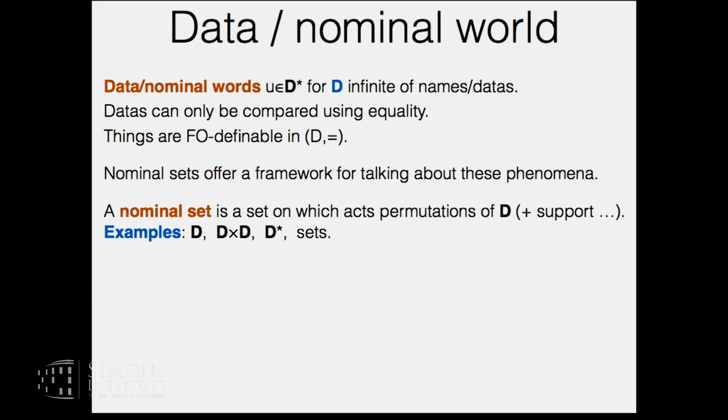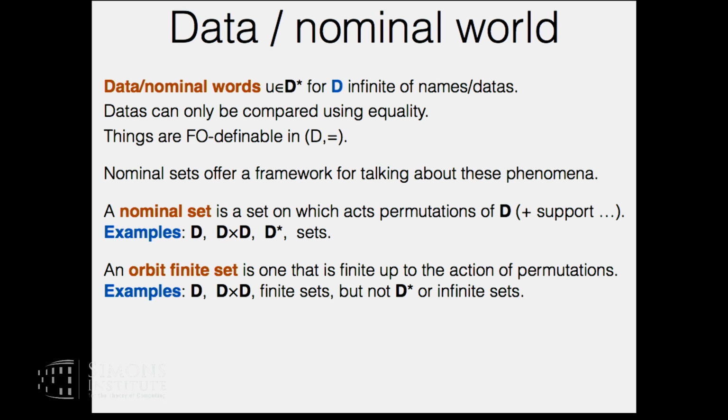There is also this very important support assumption that I will not mention here. Typical examples are the set of data, the square of the set of data, words, or a finite set. And when I say set, I mean that the permutations of the data do not act on it. It's like a normal set, no data in it.